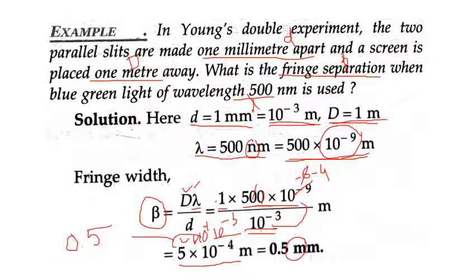So the answer will be 0.5 millimeter. So what is the fringe width? This distance, the fringe width, will be 0.5 millimeter. That means the fringe width for the bright fringe will be 0.5 millimeter, and the fringe width for the dark fringe will also be 0.5 millimeter.